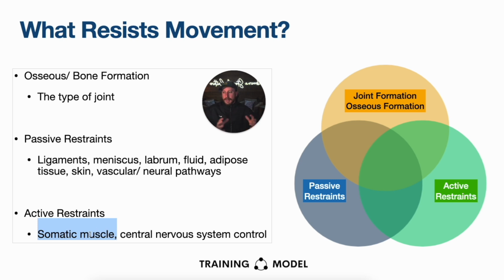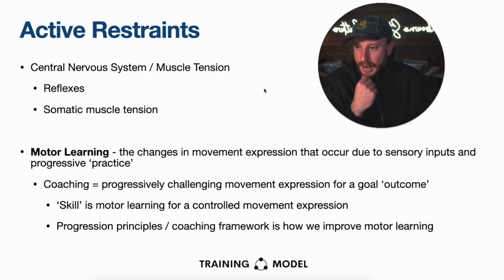Some muscles like a pec have huge conscious control over them. Other muscles have a more reactive control that we don't have as much conscious control over, but we can influence them by changing skeletal positions. Active restraints are the central nervous system and the muscular tension that it can create.